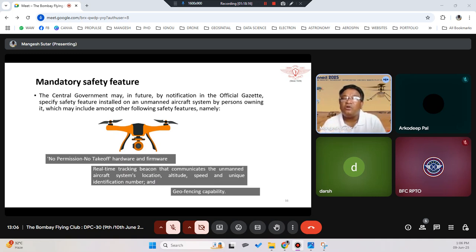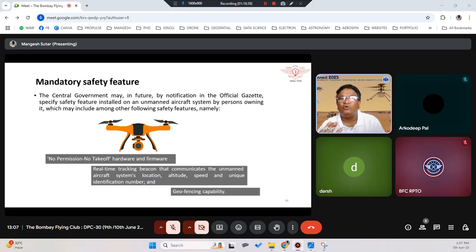If it tries to go out, it will automatically trigger the RTL, that is return to launch. Automatically that drone will say that you have overruled the geofencing capability, and the drone will automatically land at the launch location. Okay, so only the geofencing capability is available on the type certified drones.